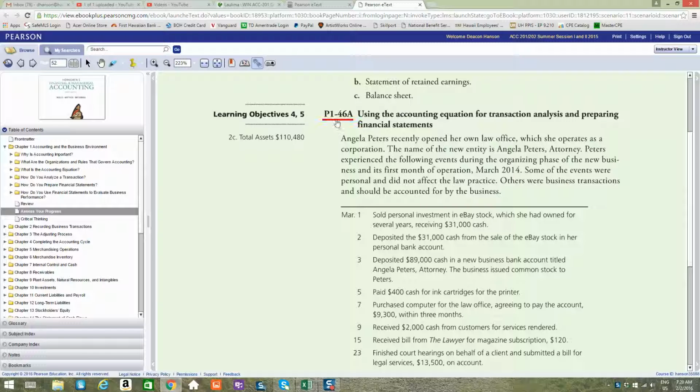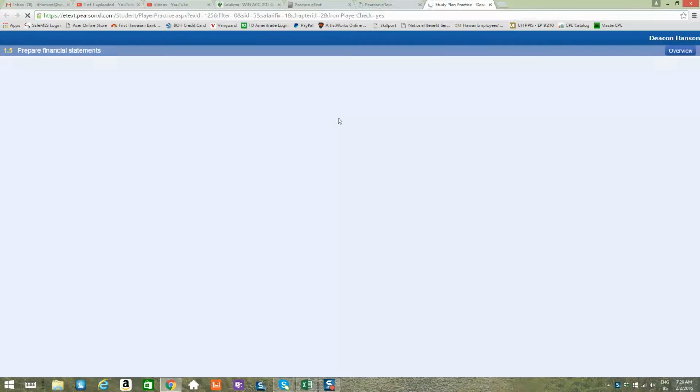So if you were to click on that, it would take you to an input format that's similar to the homework input formats. So here, my textbook is bringing this up for me in My Accounting Lab, and I will be able to, once it loads, complete my problem in here.